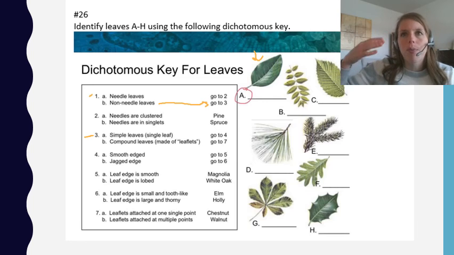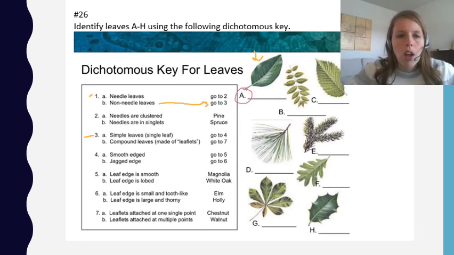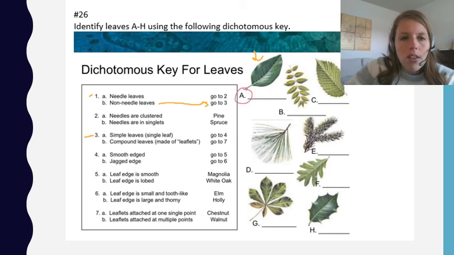It's kind of like a find-your-own mystery. So 3 says it's a simple leaf, which means it's a single leaf, or is it a compound leaf, which is made of leaflets? So tell me, look at A. Is it a single leaf or made of leaflets? Well, it's definitely a single leaf. So where are we going to go? We're going to go to 4. Is it smooth edged or is it jagged edged?